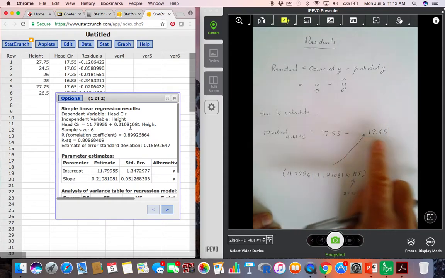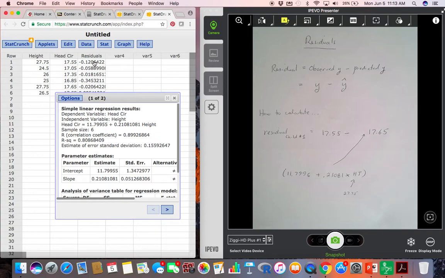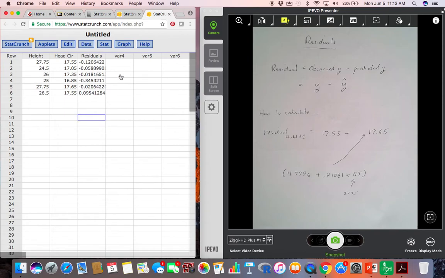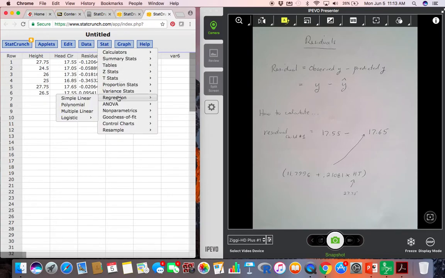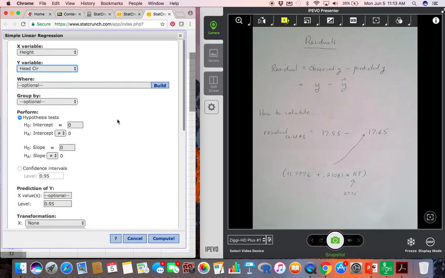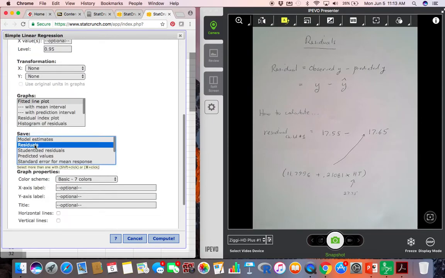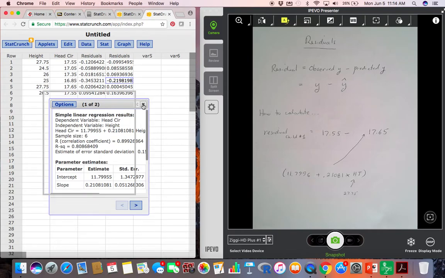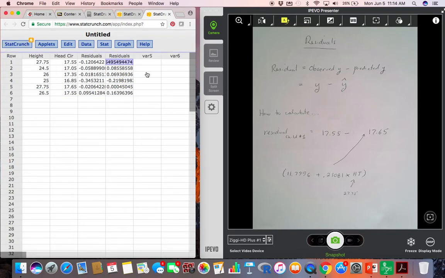Now, if I take that value minus that value, you'll say, well, Dr. Darbo, you don't get negative 0.12. But guys, remember, I created this for a different model. These residuals right here were created for the other models. So if I go through now and do my simple linear regression, my x of height, my y of head circumference, and choose my residual and store it, you can see that the value I get now for this model is very, very close to negative 0.10.